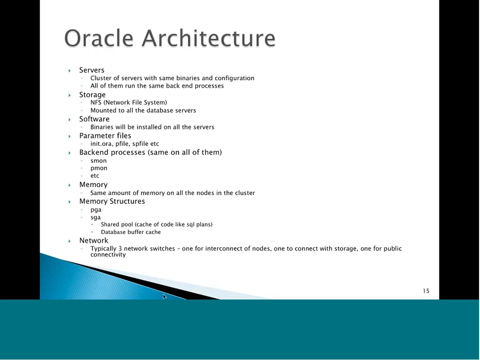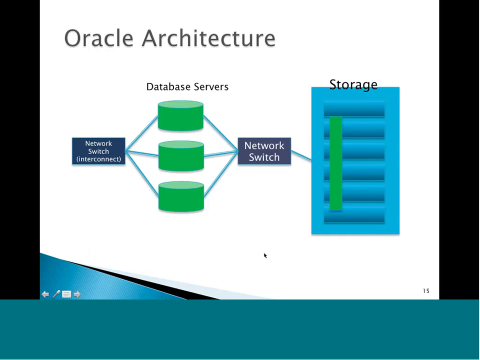And then network, there will typically be 3 network switches, one for interconnect of nodes. So if we see here, this is for interconnect of nodes, and the other one for connecting with storage. And there will be a third network switch, which will be used for public IPs.